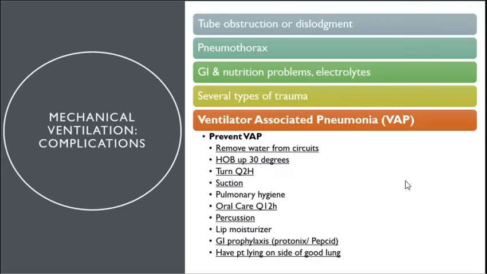Oral care every 12 hours. You're going to percuss, so physiotherapy, loosen up the mucus. GI prophylaxis, remember your body gets physiologically stressed out. Higher cortisol levels come out. Cortisol breaks down your stomach lining, so we want to protect it. Have the patient lying on the side of the good lung.